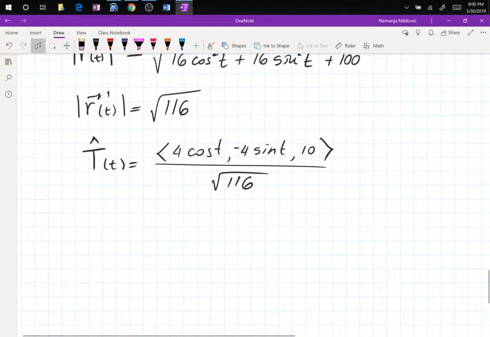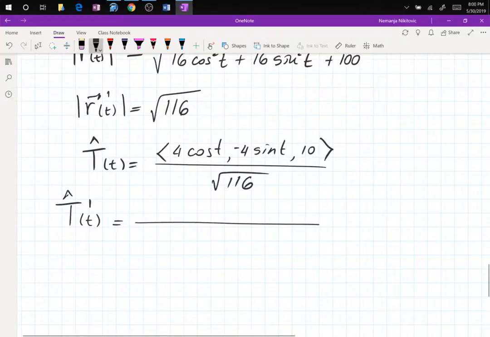Now, to find the normal vector, we have to differentiate T and then divide by the magnitude of T prime. So I'm differentiating T now: negative 4 sine t, negative 4 cosine t, and 0, divided by square root of 116.